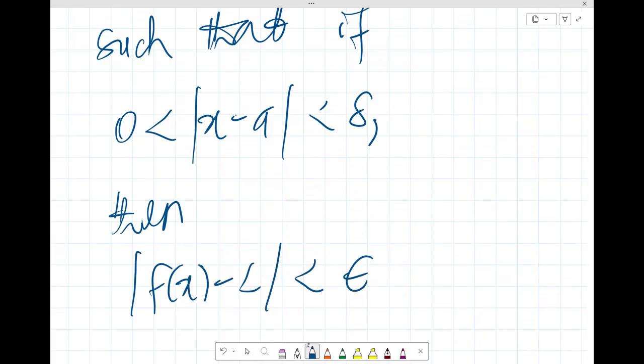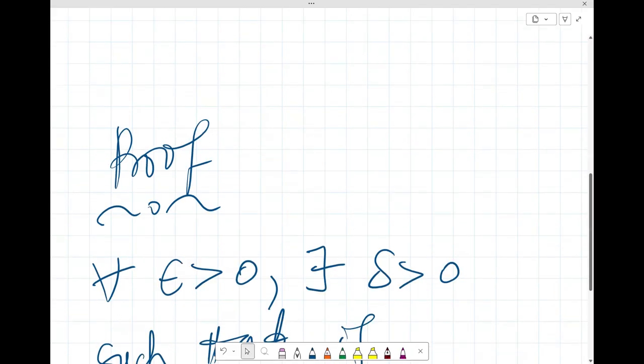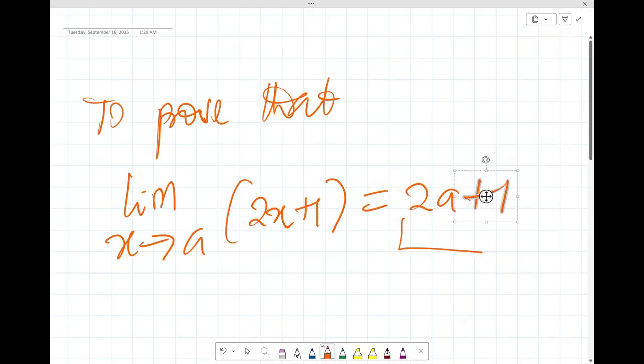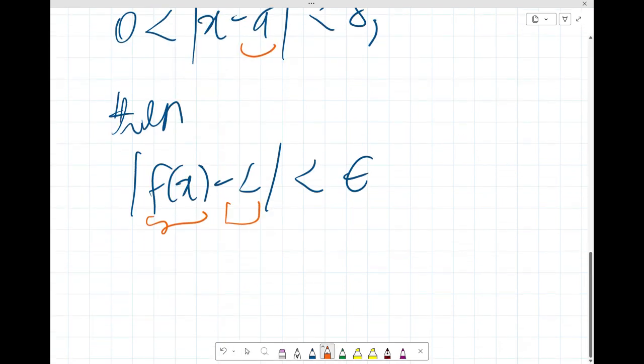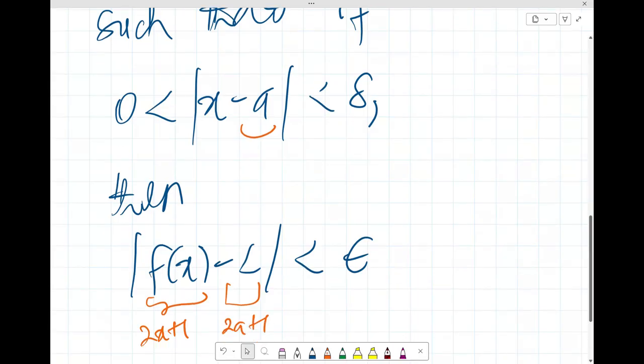There are some key components we need to identify: a, f of x, and of course, in this case, L, which is 2a plus 1. So L here is 2a plus 1, f of x is 2x plus 1, and of course, x is x.